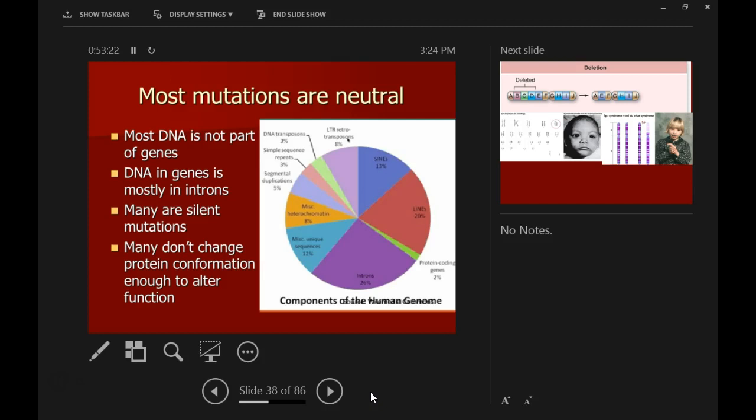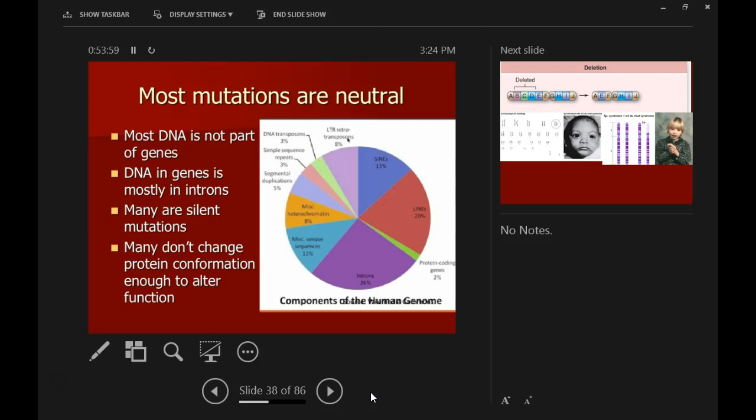Or if we have a little change here, it may not change the conformation or the shape of the protein enough to alter it into something terrible. So most mutations, because of the size of the genome, really don't make much difference. So most mutations that occur are not going to help or hurt the organism.